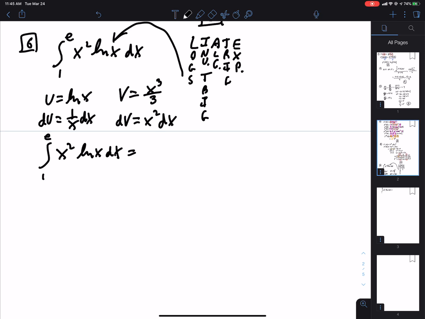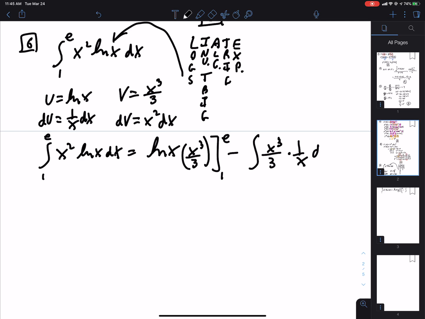We need ultraviolet. So ln of x times x cubed over 3 evaluated from 1 to e minus voodoo. That's x cubed over 3 times 1 over x dx. That's from 1 to e. And hopefully that comes out beautifully. Let's see what happens here.